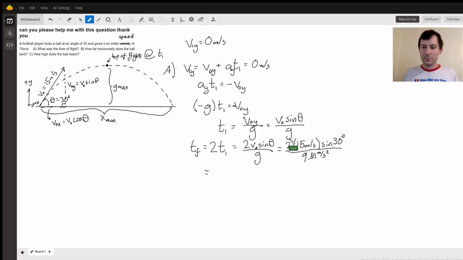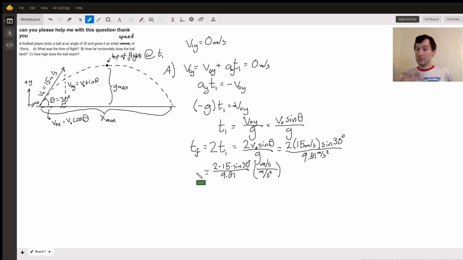But if you plug these values into your calculator, you will get 2 times 15 times sine of 30 degrees divided by 9.81. That's the number that you plug into your calculator, times the units here, which are meters per second, no units for 30 degrees, divided by meters per second squared.